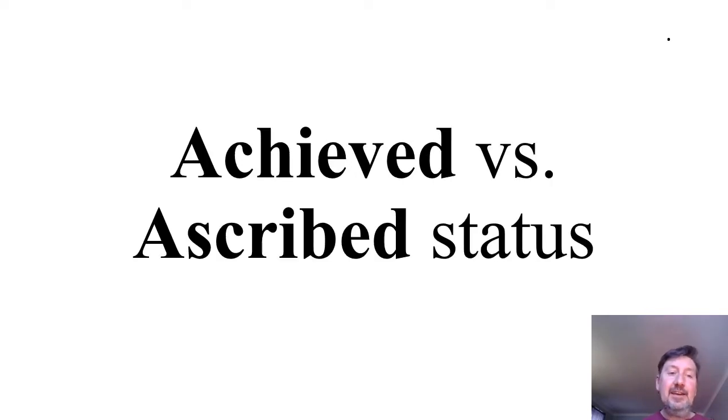Status in society can be either one of two types, achieved or ascribed. Achieved status means that you did some work in order to gain your status. You worked hard to make a lot of money, for example, and move into a higher socioeconomic class.